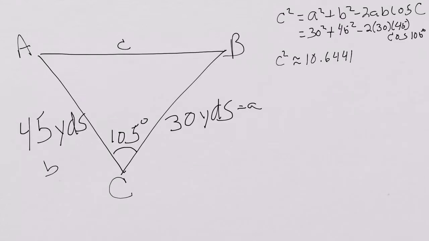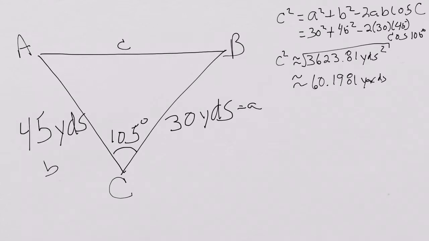No, scratch that. I'm looking at the wrong problem on my paper. Sorry about that. My c squared is approximately 3,623.81 yards squared. Well, we have to take the square root of this, so when we do that, we're going to get approximately 60.1981 yards.